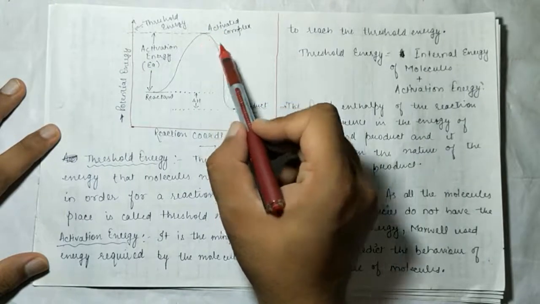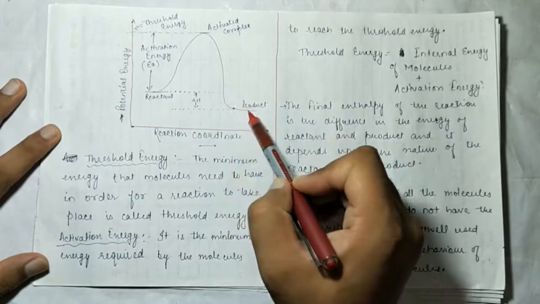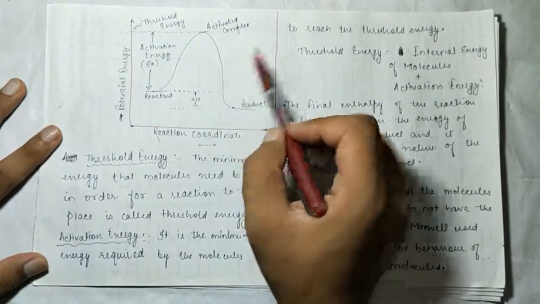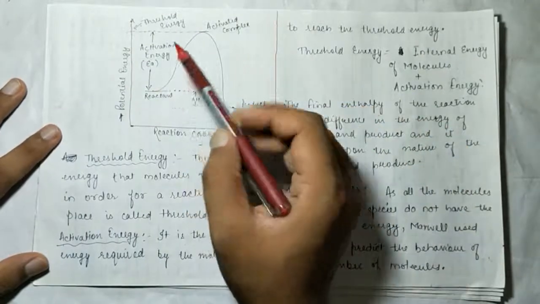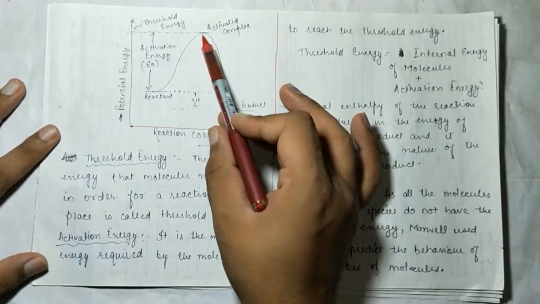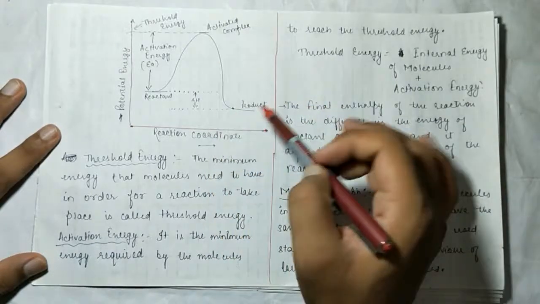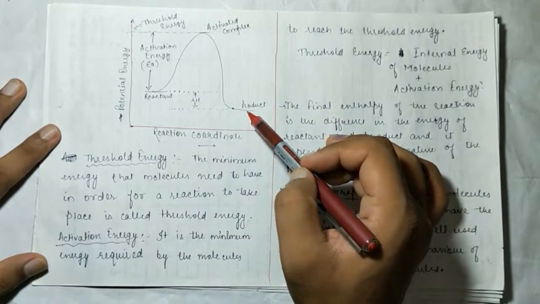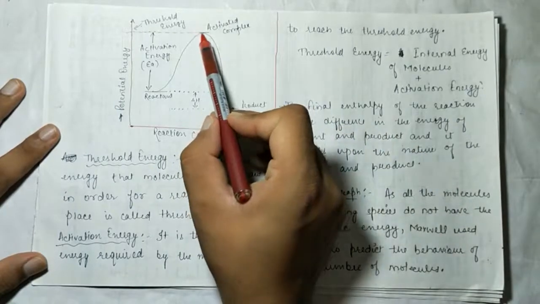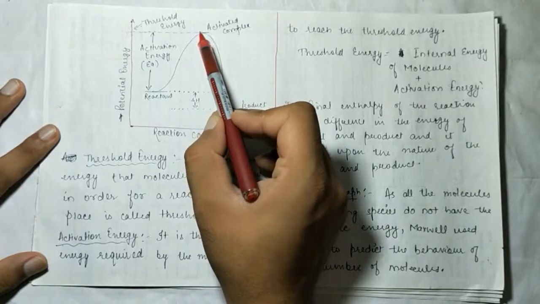Okay, it leads the reaction towards the product like this. And during the formation of product, energy is again released. First of all, the reactant consumes some energy and reaches this intermediate, and then it releases energy to make product. One more thing, this is the actual energy at which a reactant starts reacting.